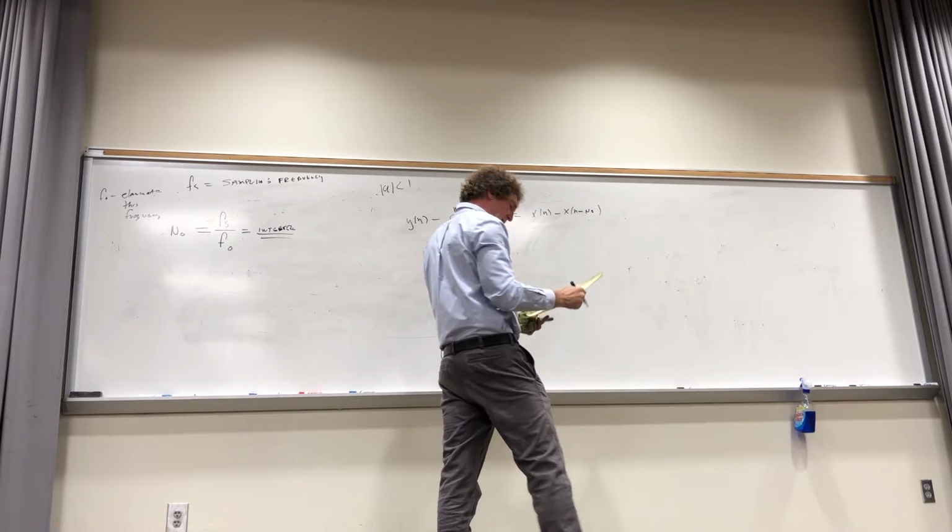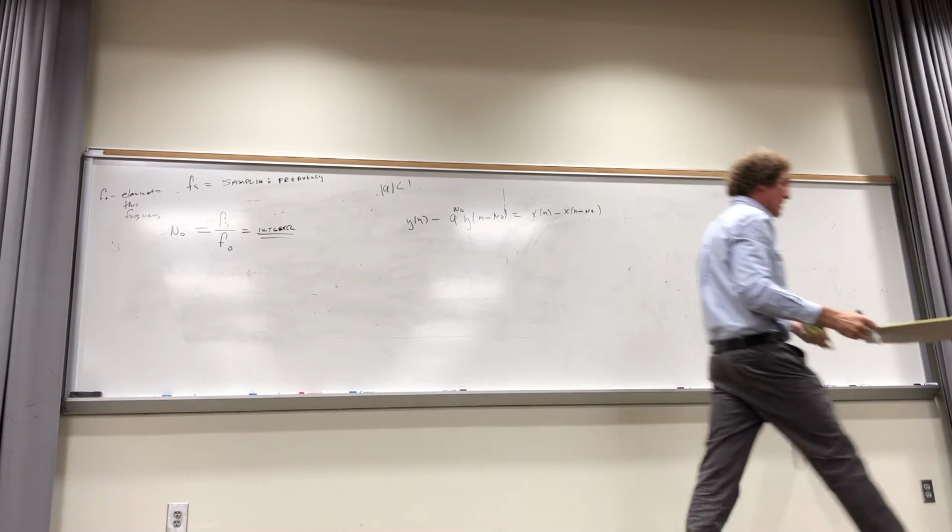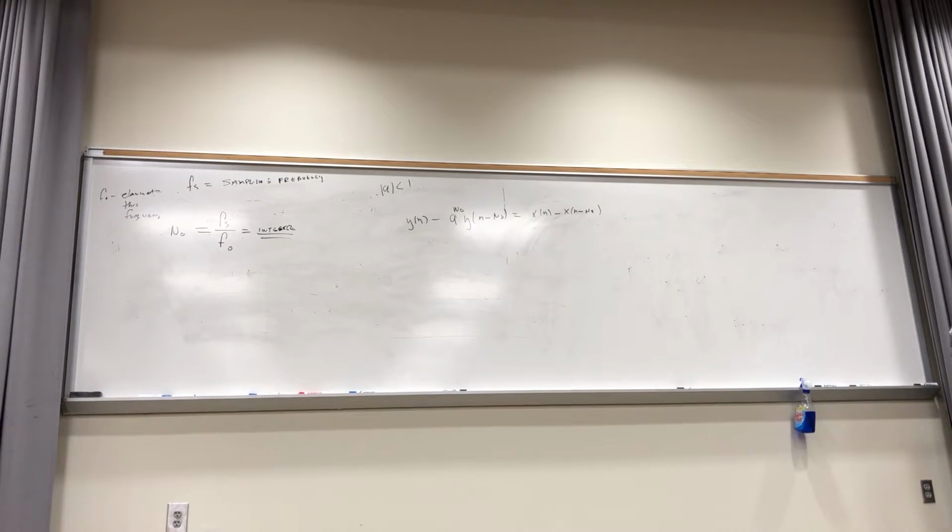Now, I think his book does use n naught, but if it doesn't, let me know. I'll change it. It uses it. All right. And I'm going to go through the Z transform of this and show you why it works.